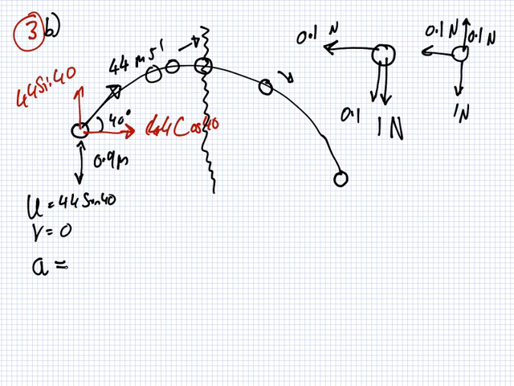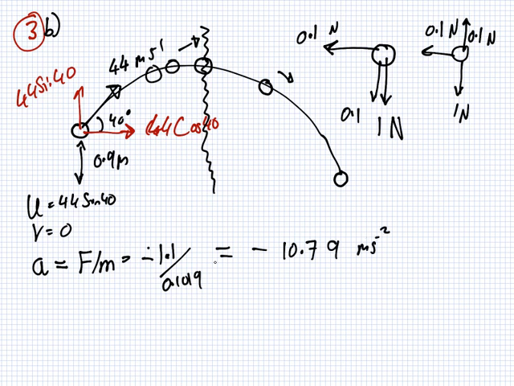To work out A, we have to use Newton's law. So it's F over m, which will be minus 1.1 over 0.1019. And it should be more than 9.81. That gives 10.795.